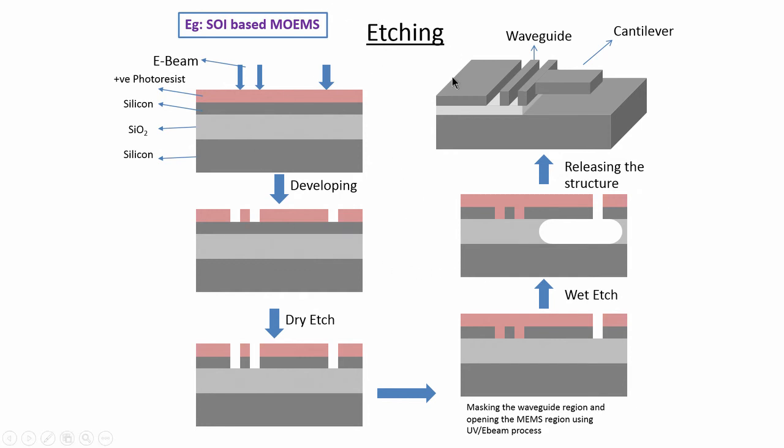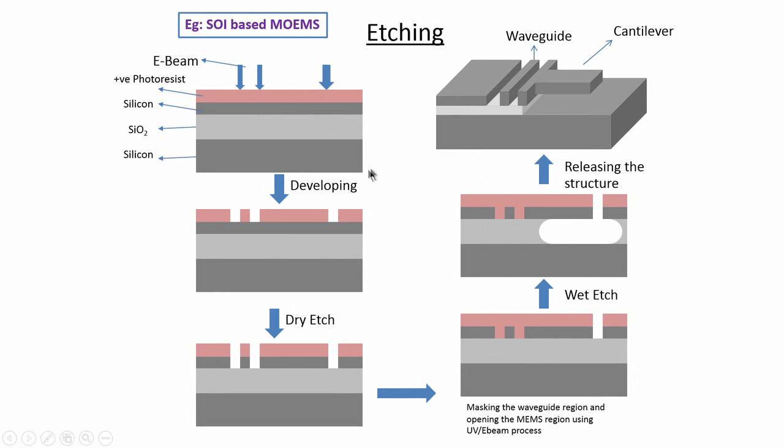In this particular example we are illustrating etching of the different layers that are deposited on the silicon wafer, creating optical devices combined with MEMS structures. MEMS structures are mechanical structures, as we may see later in the future discussion. You can combine MEMS with optical waveguides to create what are called MOEMS.